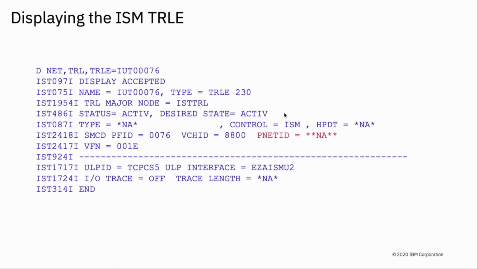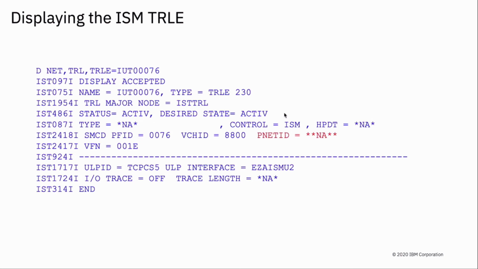I have a VTAM background originally, so I had to have a VTAM display in here. Here's the D NET,TRL display. It shows the TRLE that is in use for one of my unassociated PFIDs. You'll see the SMC-D PFID on there. IST2418 is about the middle of your screen, maybe a little lower. And the VCHID.